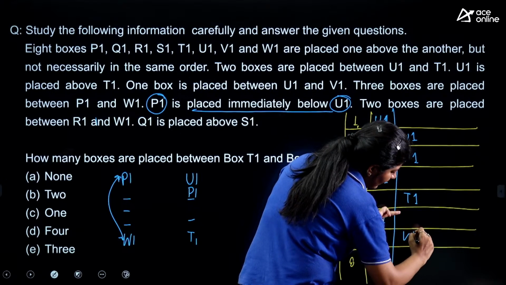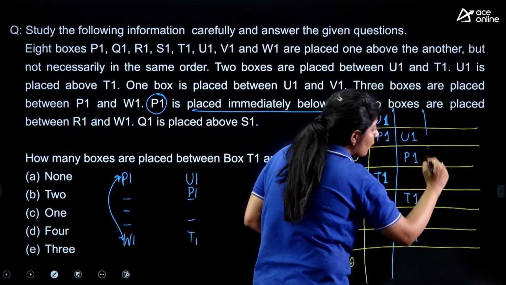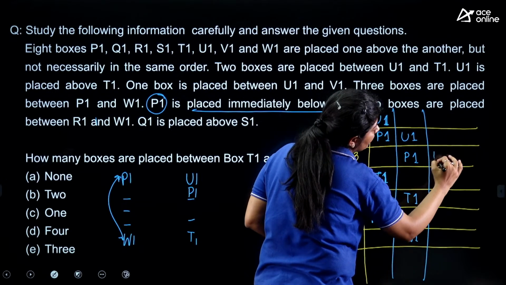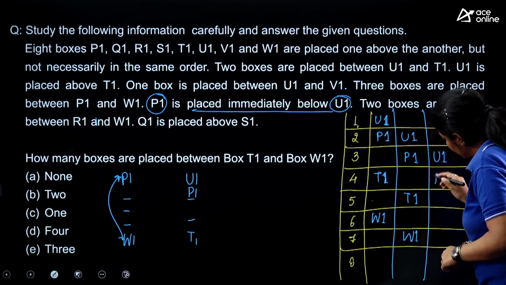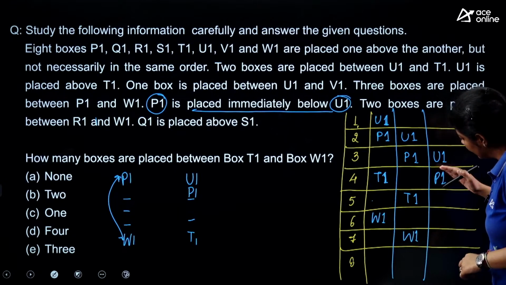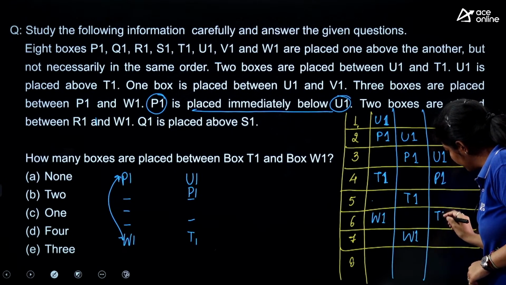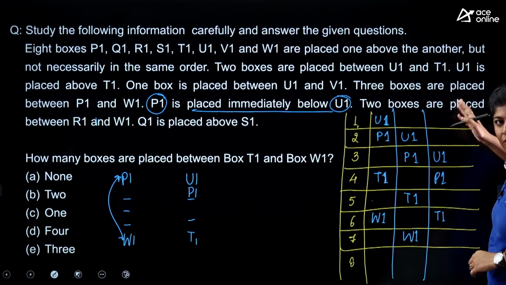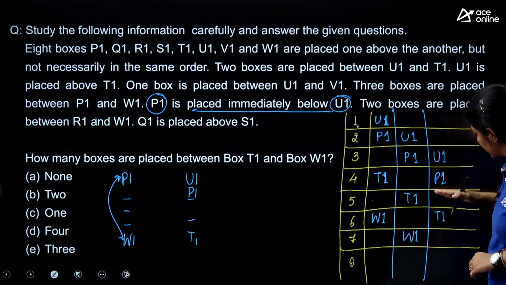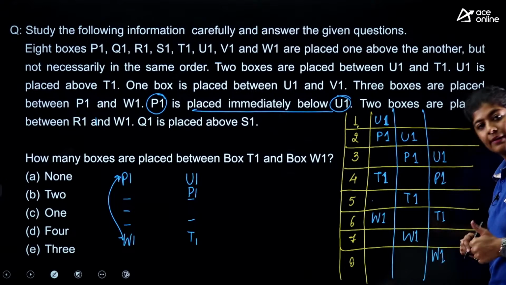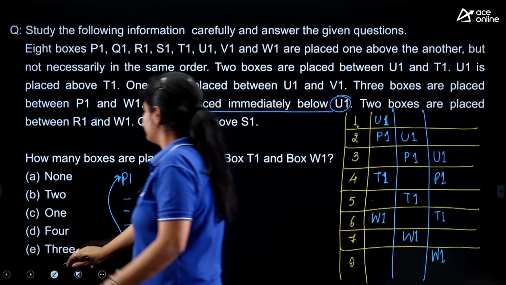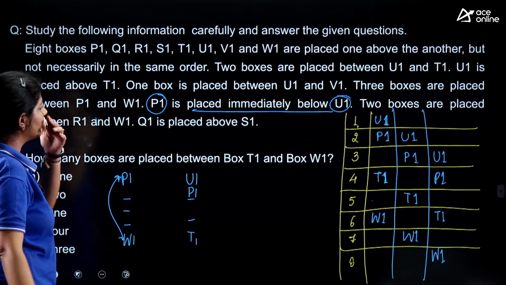So here we are having W1. But what if we are having U1 over here, right? Again, P1 is over here and we need to put T1 over here. Again, we can't go upside, so we need to move in downwards direction. 1, 2, 3. So here we are having W1, right? Okay. Now, these are the three different cases.